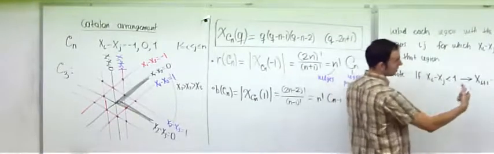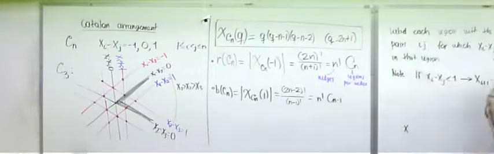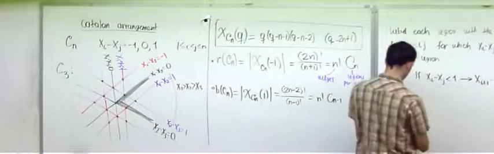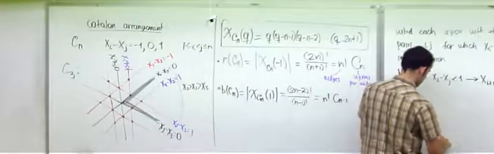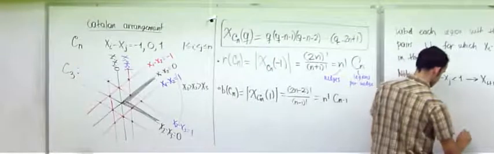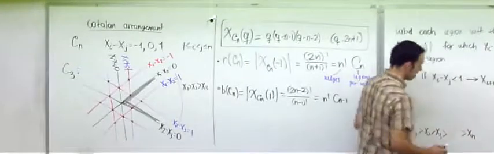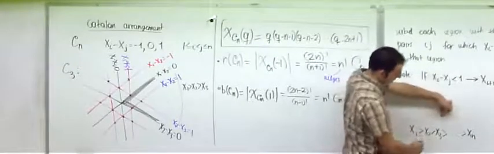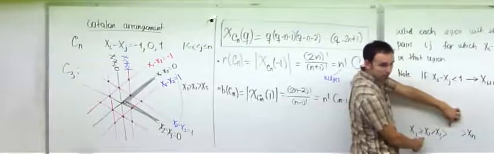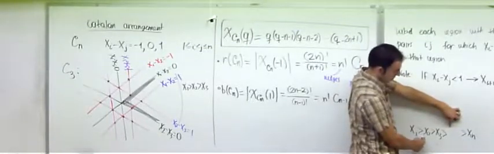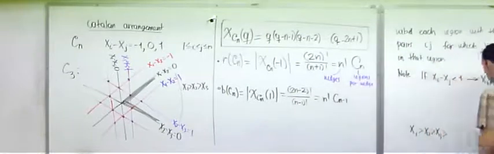So remember, inside this region, the x's are sorted in decreasing order, right? So I'm saying if xi minus xj is less than 1, let's do it with a concrete case.